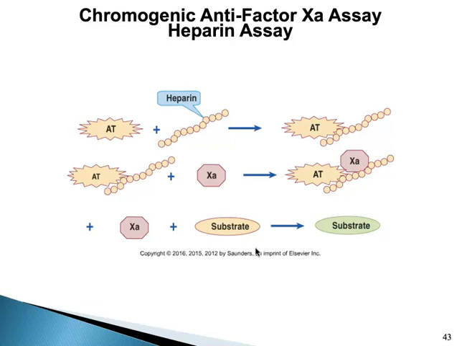A calibration curve is constructed that can be used for both anticoagulants, but the therapeutic range can be a little bit different for unfractionated heparin and low molecular weight heparin.